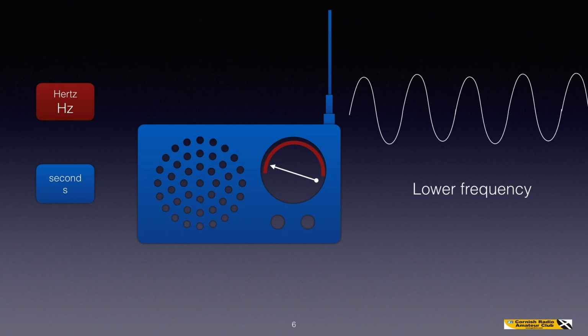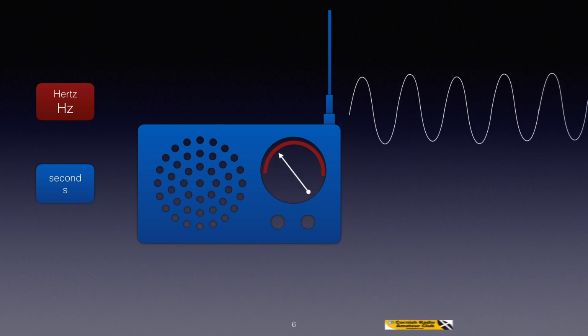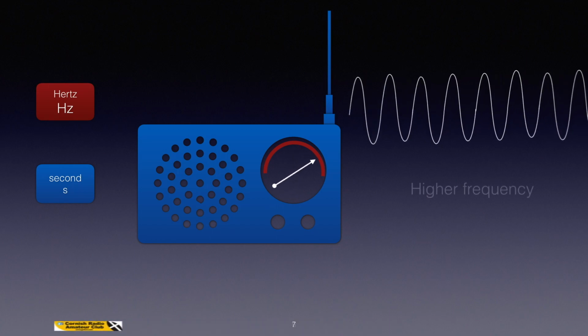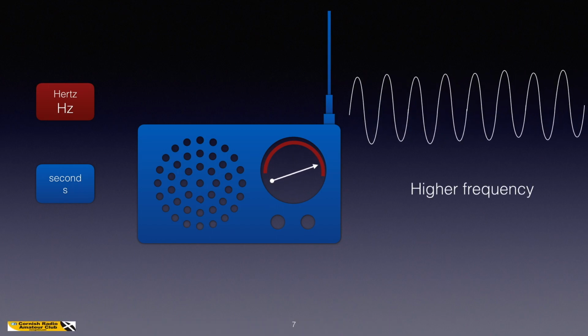So here we're tuned to a lower frequency signal, and you can see we haven't got very many oscillations, if you like, happening. And as we tune up on our dial, we get to a higher frequency.